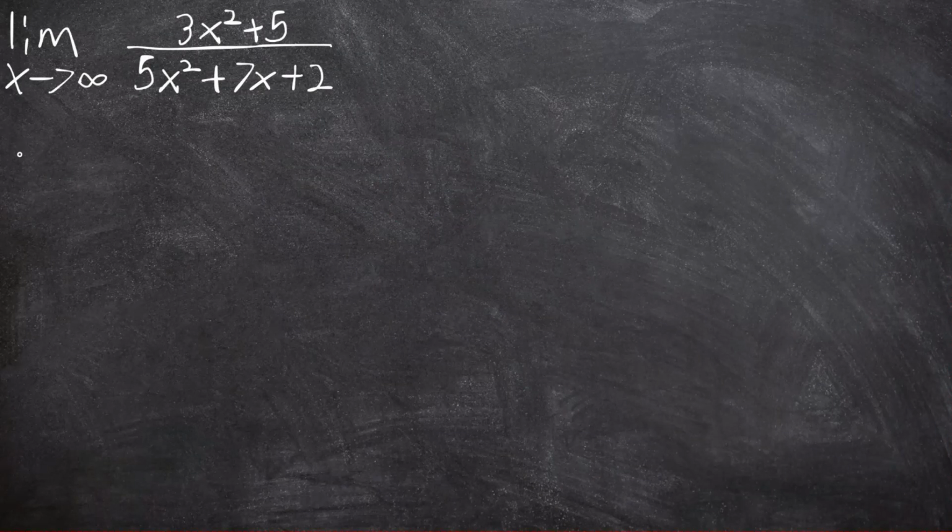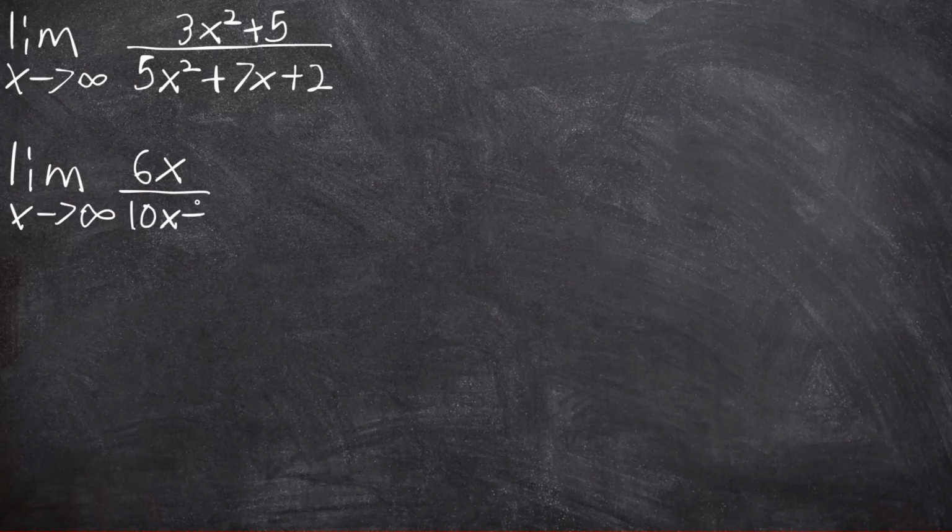Let's try a rational function here. As always, let's take the derivative of the numerator and the denominator. The derivative of the numerator would just be 6x, and the derivative of the denominator would just be 10x plus 7.